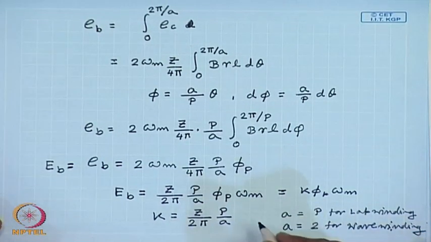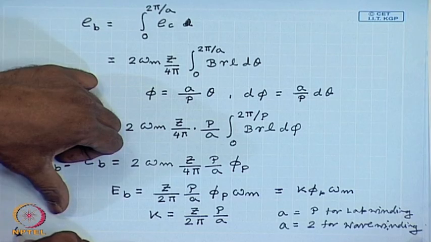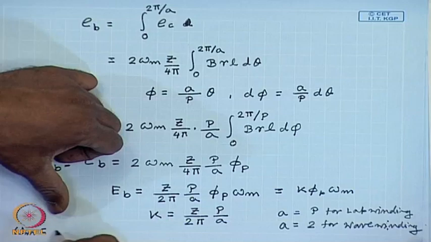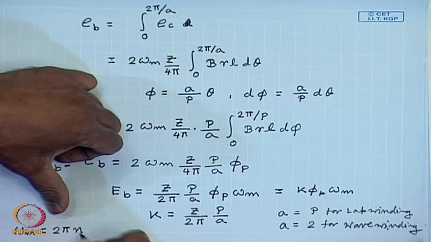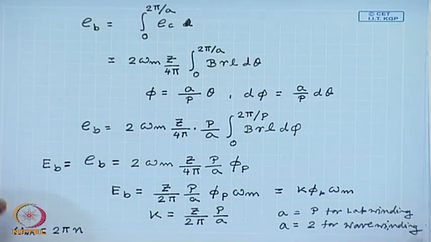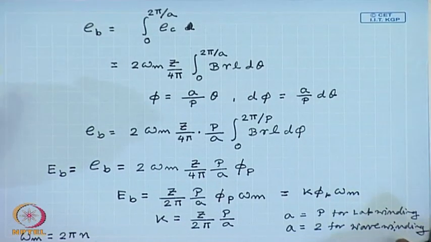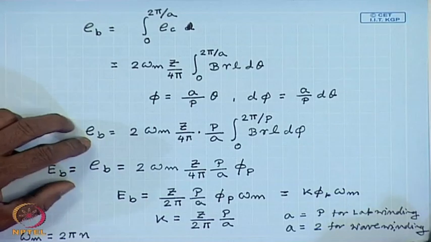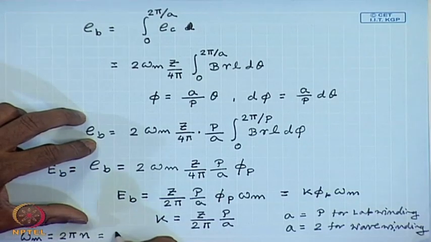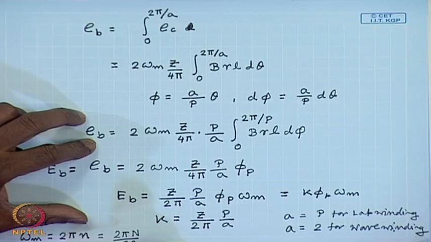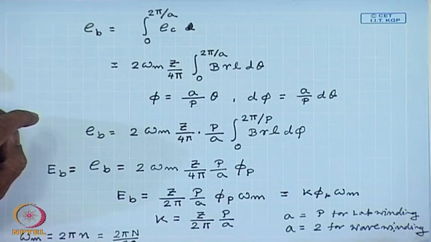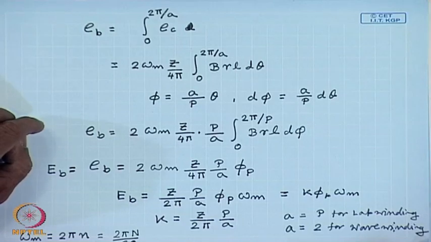So, if we write omega m in terms of RPM, then omega m equal to 2 pi n, where n is the rotational speed of the DC machine rotor in RPS, or equal to 2 pi N by 60, where capital N is the rotational speed in RPM.